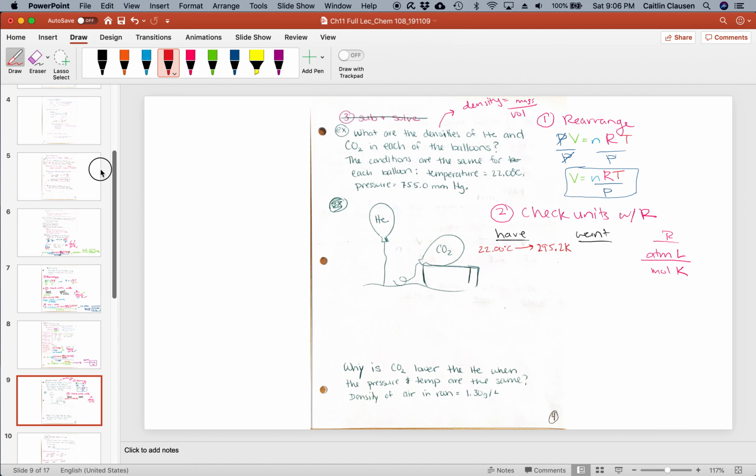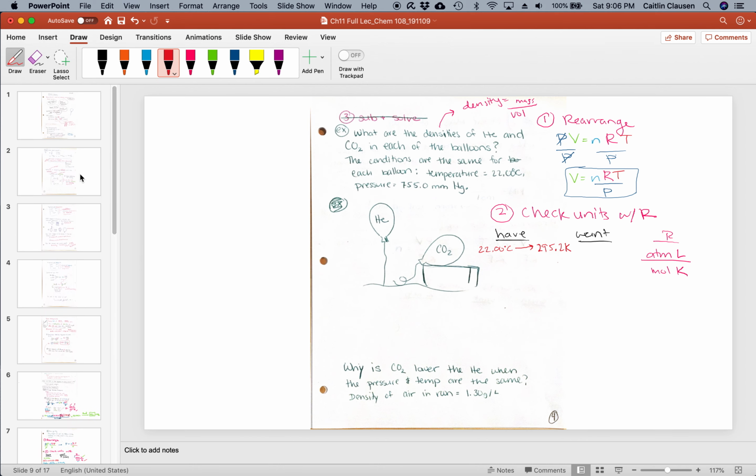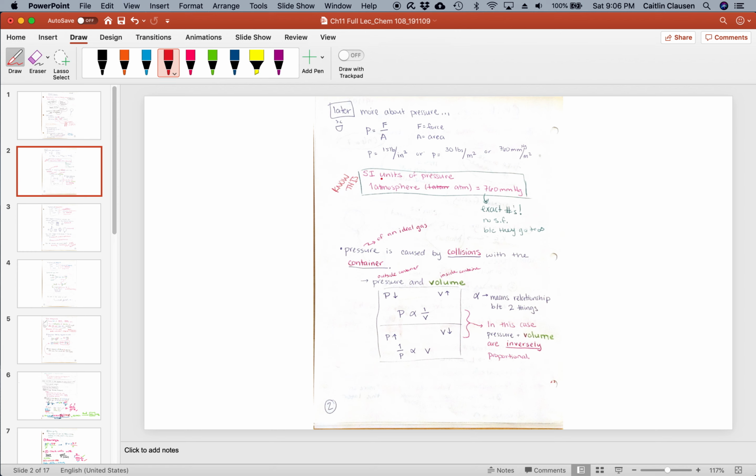And if you go way back, alright, not that far back. Page 2, SI units, 1 atmosphere equals 760 millimeters of mercury.